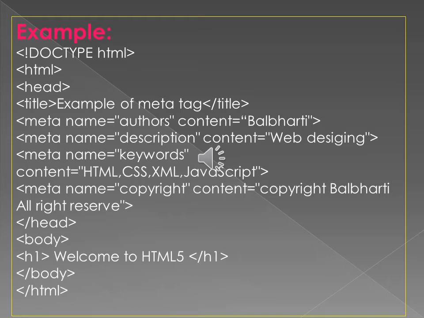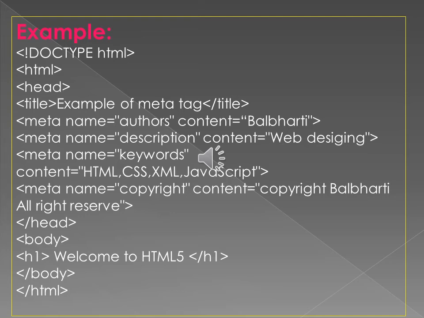Then next is meta name equal to keywords. Using these keywords, that is HTML, CSS, XML or JavaScript, we can search our website easily. Next is the copyright: meta name equal to copyright and content equal to copyright Balbharti.